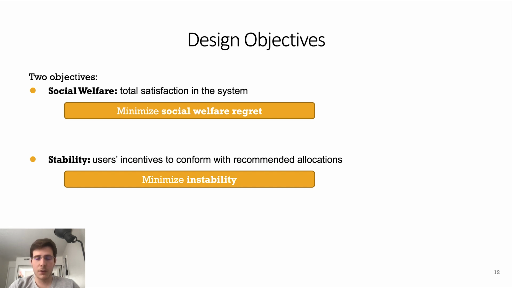On top of that, we also want to care about how each user thinks about the allocations that we make. So we also try to capture the users' incentives to conform with recommended allocations. We define this concept to be the stability concept. And to achieve our goals, we are going to measure the metric that we are going to define and call instability.